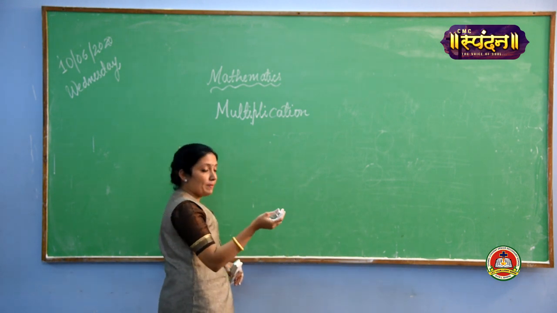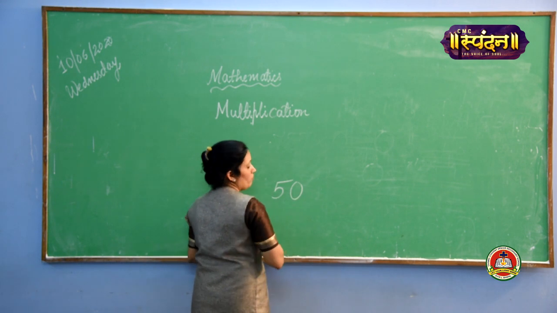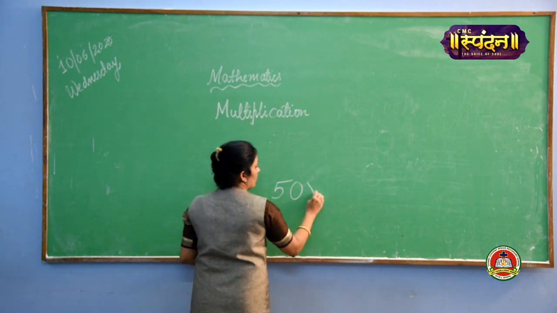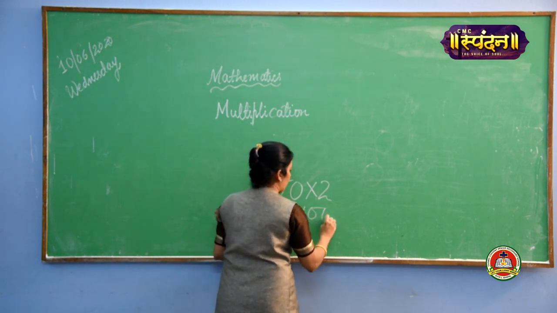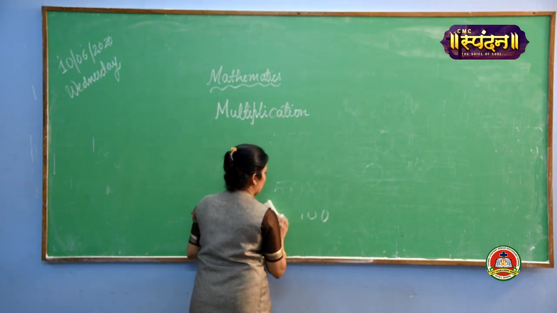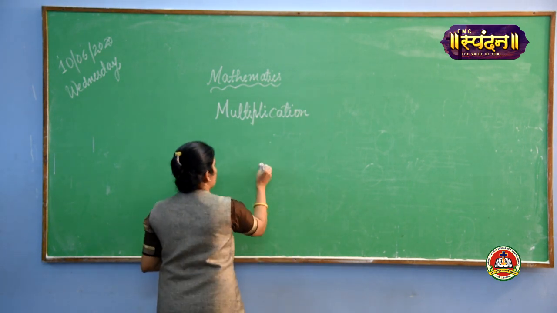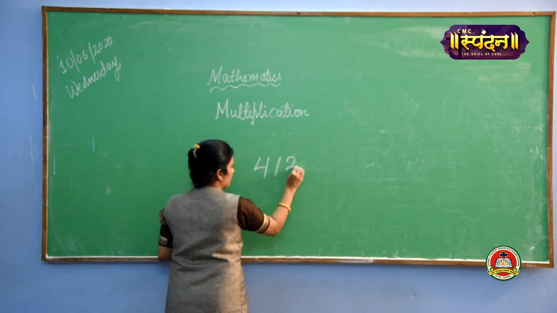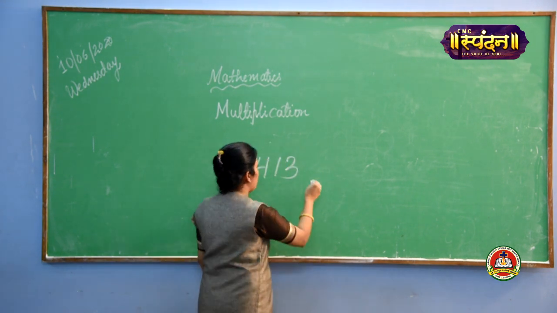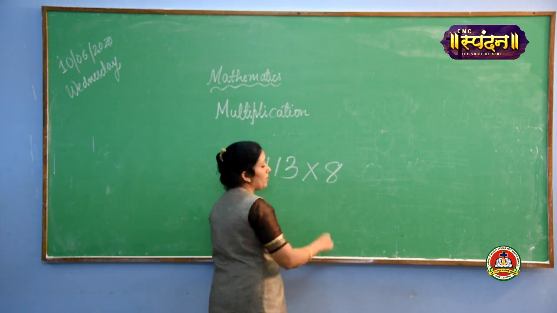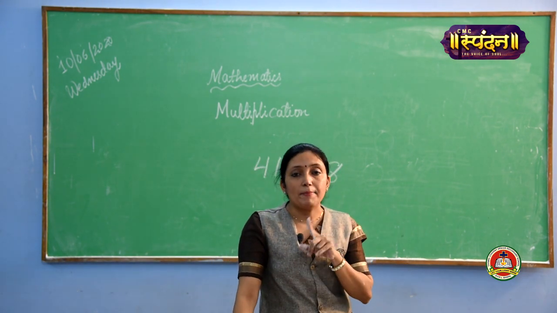If I take the number 50 and multiply it by 2, I get 100. Let us take another number, 413, multiplied by 8. 8 is an even number because it is a multiple of 2: 2 fours are 8.